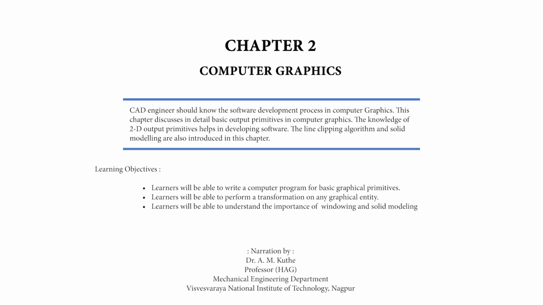It is clear from figure 2.15 that the point A is shifted to A1, and to the x coordinate of A, Tx is added, and to the y coordinate of A, Ty is added. x dash, y dash, that is the coordinate of A1, can be obtained using the following relation: x dash equal to x plus Tx, y dash equal to y plus Ty, where Tx, Ty is called the translation vector. The values of Tx and Ty are user input.